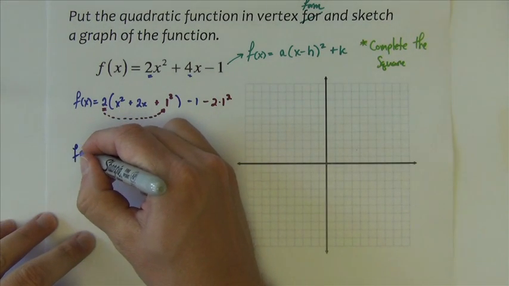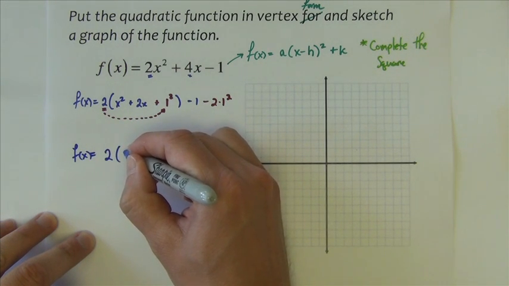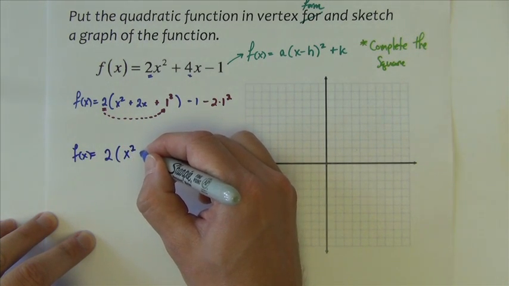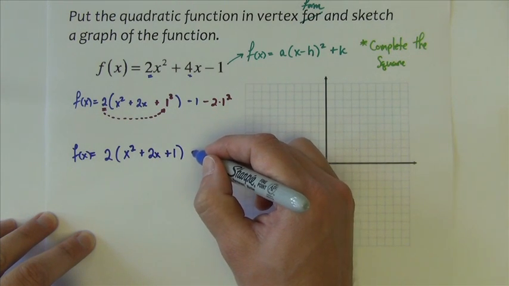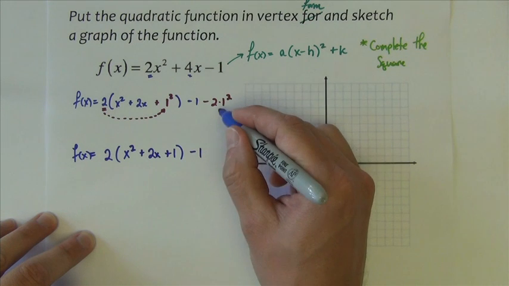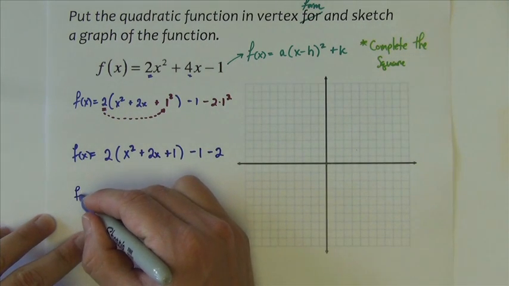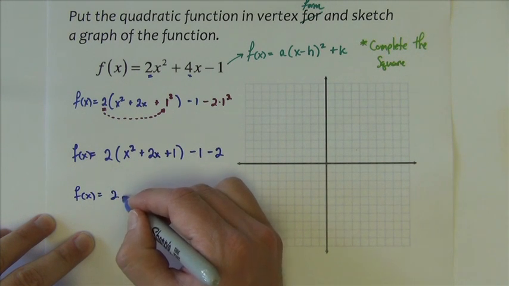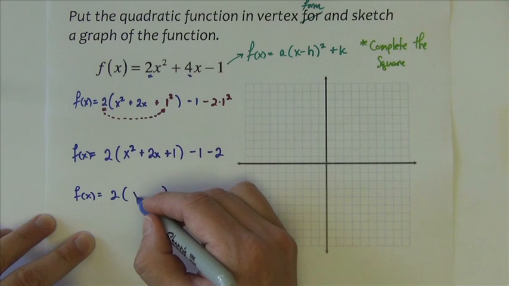Okay, so this then becomes f of x equals 2 times, I'll do it in a couple steps here, x squared plus 2x plus 1. This is going to become minus 1. This term becomes minus 2. So we get 2 times, what I'm going to do is factor this. This is a perfect square trinomial.